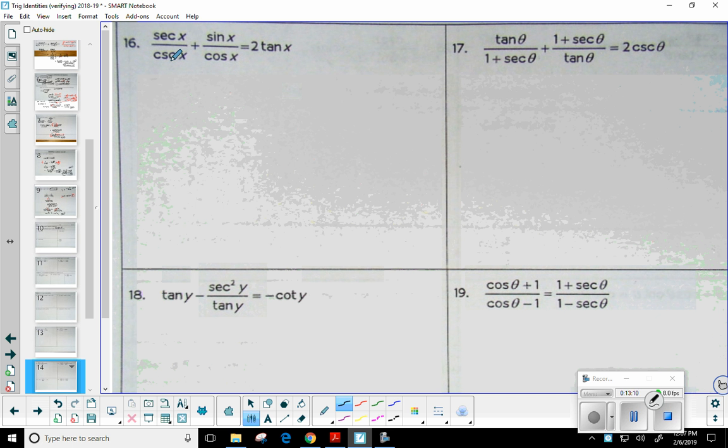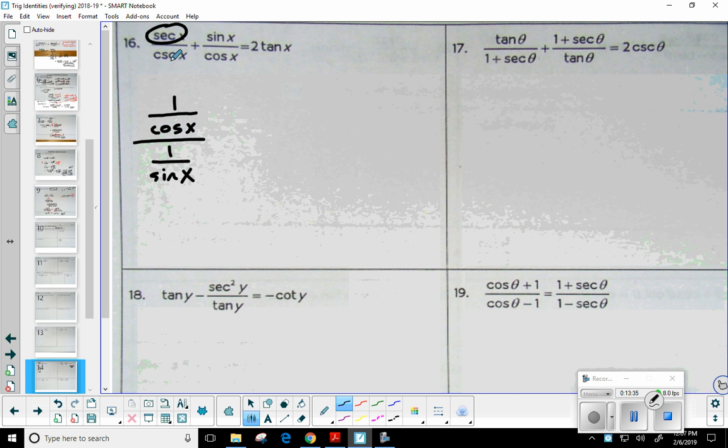Because this first part here, secant, is 1 over cosine. Oh, so you want to change this one? Yeah. Would you like me to do anything with the first part? Well, yeah, the first part we could do how you were doing it. So 1 over cosine divided by 1 over sine of x. We could take the reciprocal.